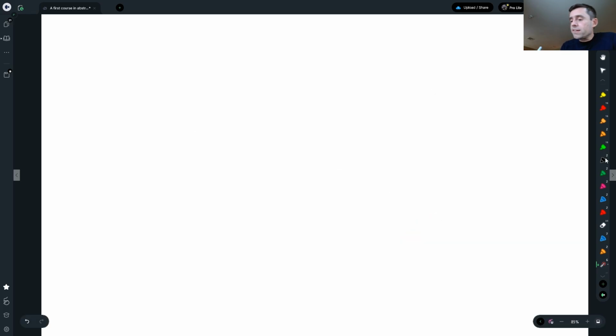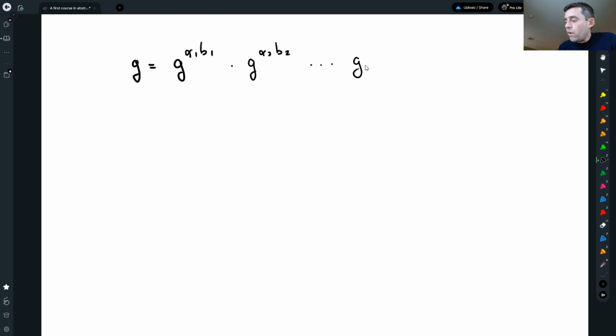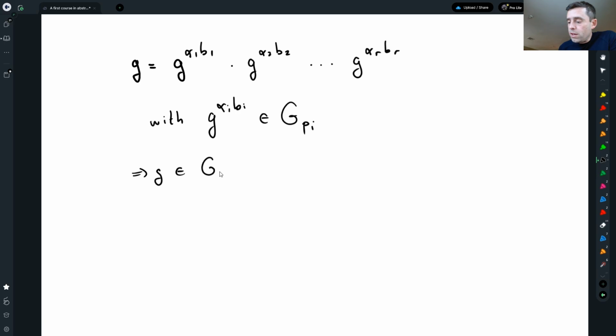So what I've shown is that g is g to the alpha 1 b1 times g to the alpha 2 b2 through g to the alpha r br, with g to the alpha i bi belonging to the pi-primary component, and therefore g is written so that it does belong to G_p1 times G_p2 times through G_pr.